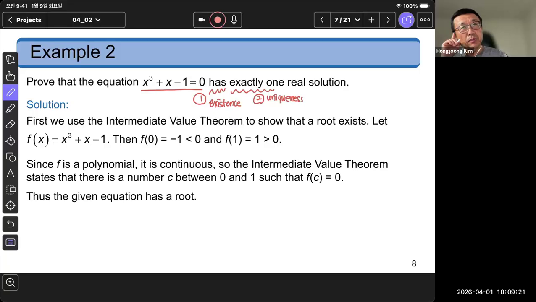For this problem, you need to show two things. Then we can use the intermediate value theorem to show that a solution exists, and then we will use the Rolle's theorem to prove that the solution will be unique.